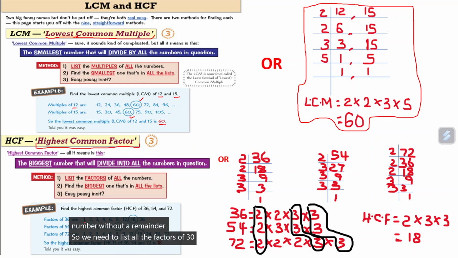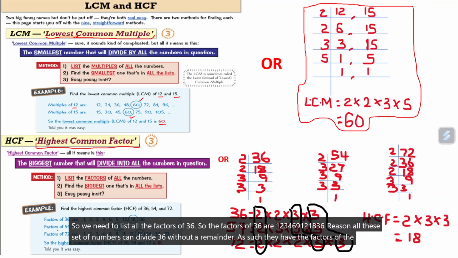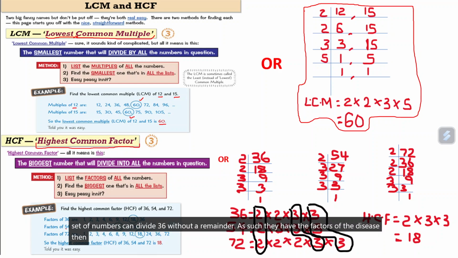So the factors of 36 are 1, 2, 3, 4, 6, 9, 12, 18, 36. Reason, all these set of numbers can divide 36 without a remainder. As such, they are the factors of 36. Then we'll pick 54.